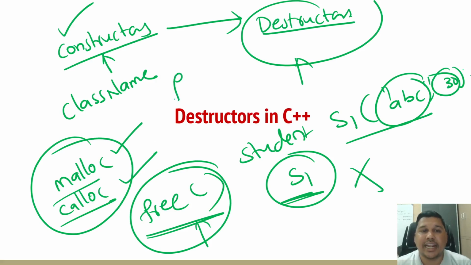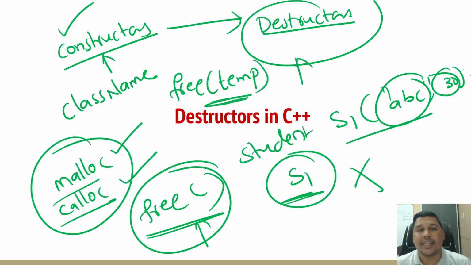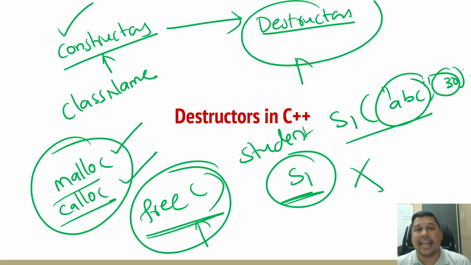Even in a linked list we write free of temp, the temporary pointer we are deleting, right? Why? The use of the temporary is over now, so I want to delete it.